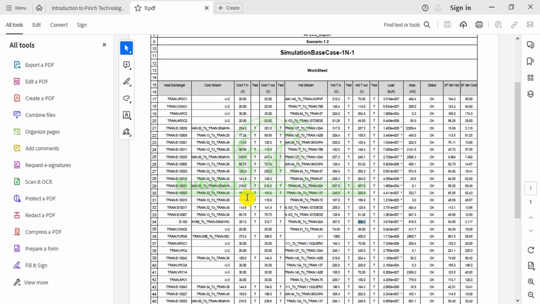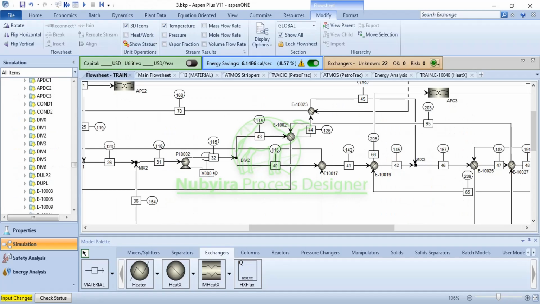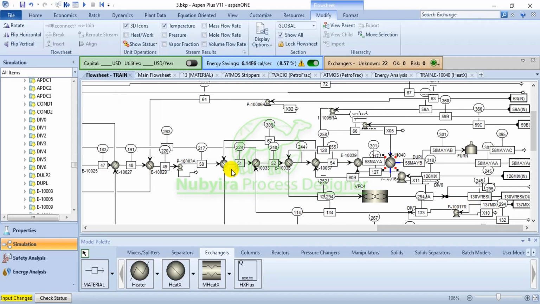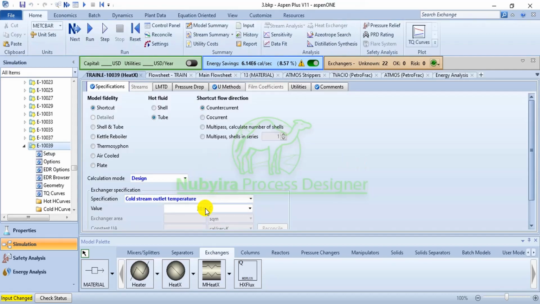So we have heat exchanger 39, specifying the cold temperature or hot temperature, whichever is suitable. You understand? So this one is 301 degrees Celsius, exchanger 39. I think it's over here. Okay, cold outlet temperature.